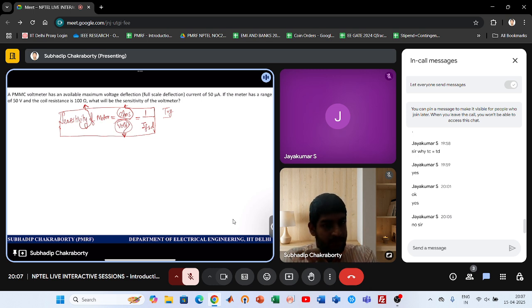For the same amount of voltage, two different meters can produce different deflections. With the smallest change in voltage, if it produces deflection, we say the meter is sensitive. That is why the voltage term comes in the denominator.